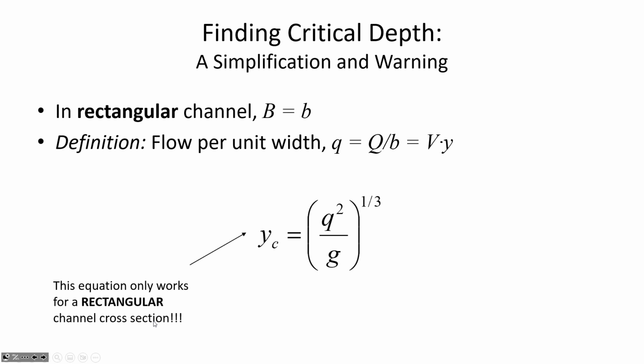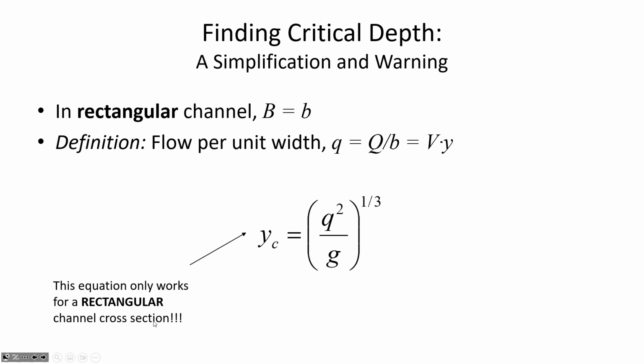meters deep. Okay. So a lot of the problems you're going to work this semester will be rectangular channels, especially when we get into non-uniform flow and we're trying to calculate what is the depth some distance downstream of an obstacle. Those problems will be with rectangular channels just for simplicity's sake.